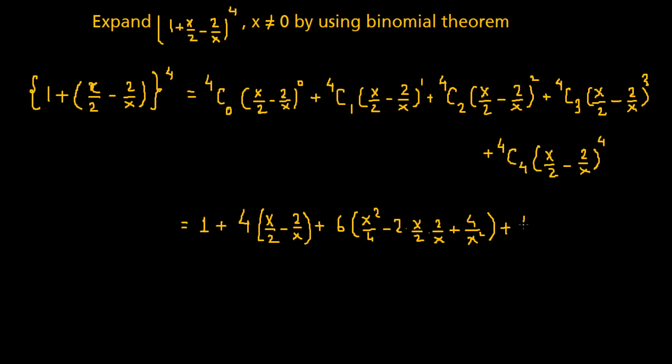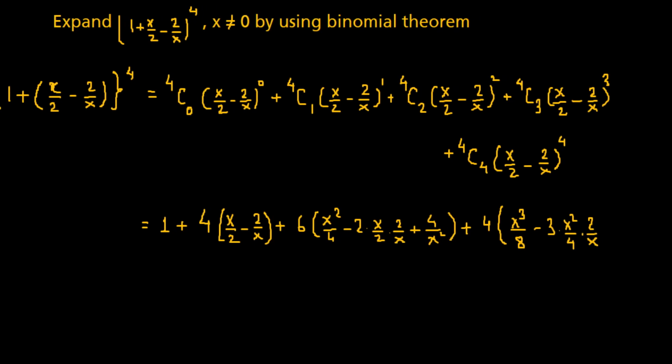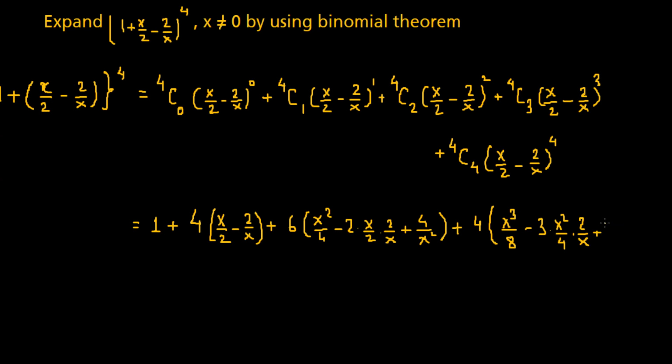4c3 is 4. So we'll use the identity here: x over 2 whole cube is x cubed over 8, minus 3 times a squared b, so this is x squared over 4 times 2 over x, plus 3 times x over 2 times 2 over x whole squared, so it is 4 over x squared, minus 2 over x whole cube, so that would give us 8 over x cubed.